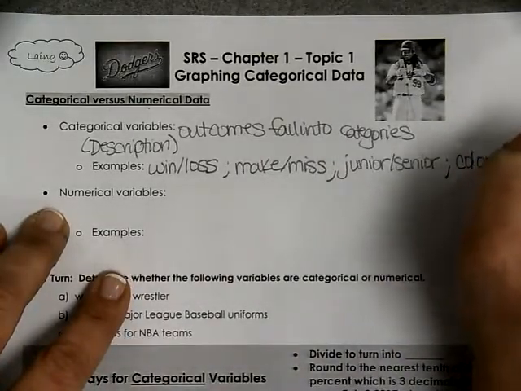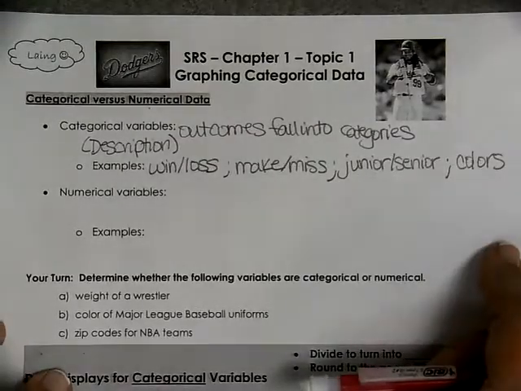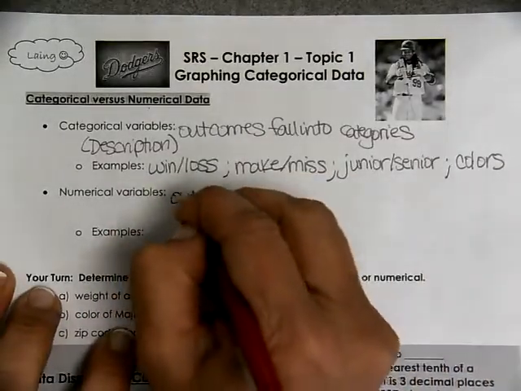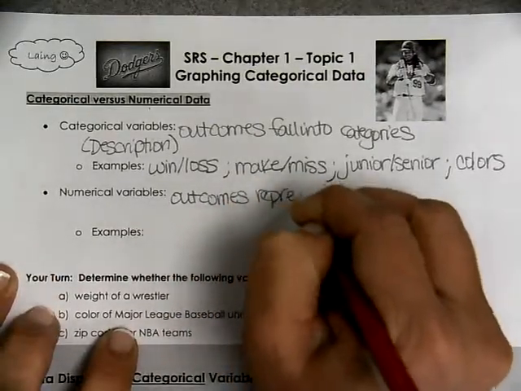Colors are categorical variables because they can be described as things like green and white or maize and blue.